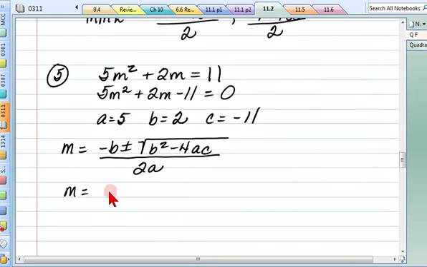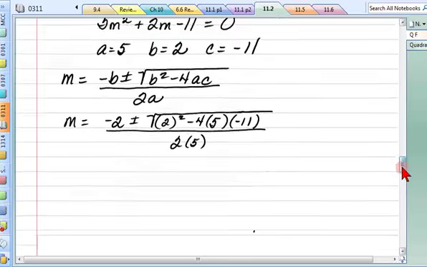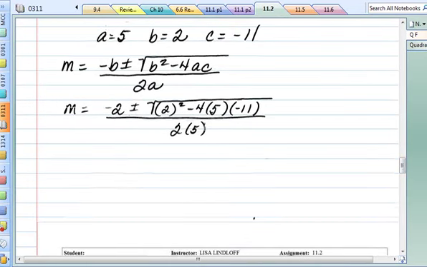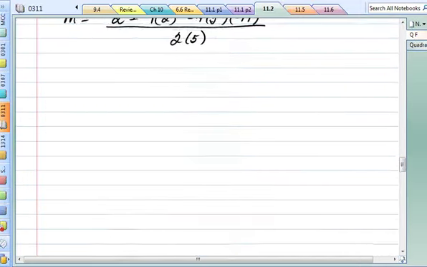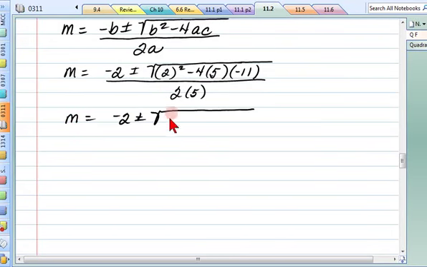So m is equal to, it should be negative 2 plus or minus the square root of 2 squared minus 4 times 5 times negative 11 all over 2 times 5. So just substituting in the numbers. All right, that's going to give me m is equal to negative 2 plus or minus the square root of 2 squared is 4.